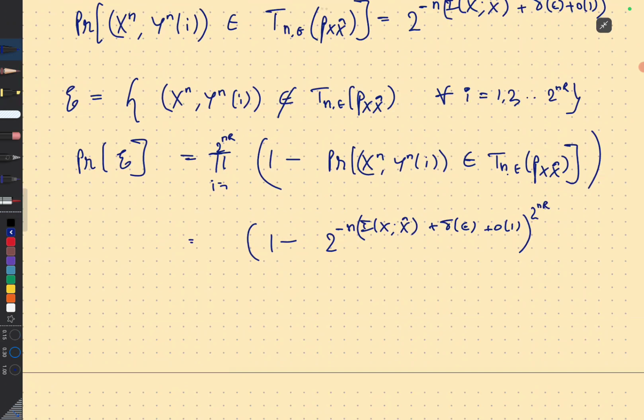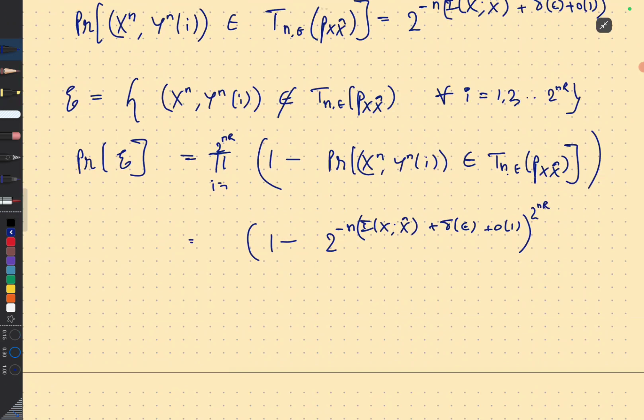When we started this thing and got the event, both are independent. We define a code book. Our code book is given to us. We are randomly choosing a code book. So I randomly chose a code book, and then the source gave me a random sequence.